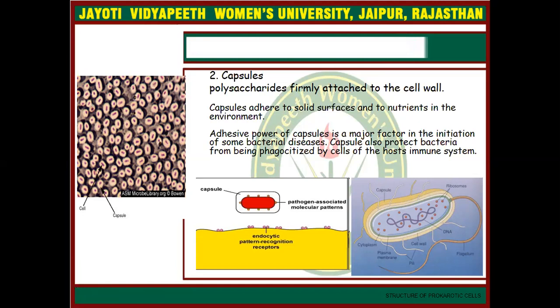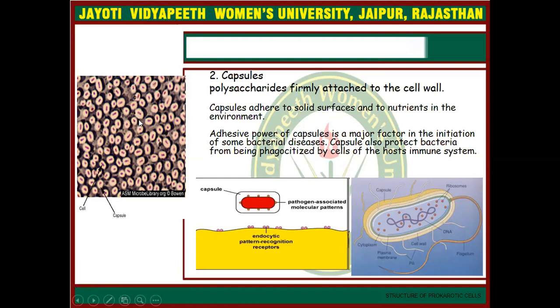If bacteria have capsules, they cannot be killed by the human immune system. So they have protective cases. They can also be used by humans for the production of some antibiotics.